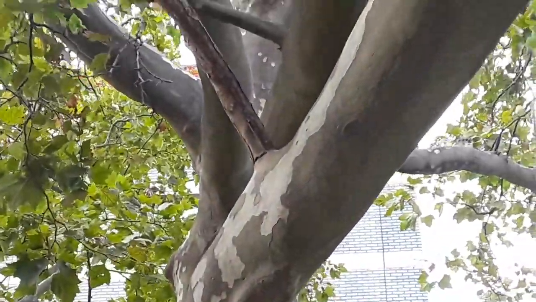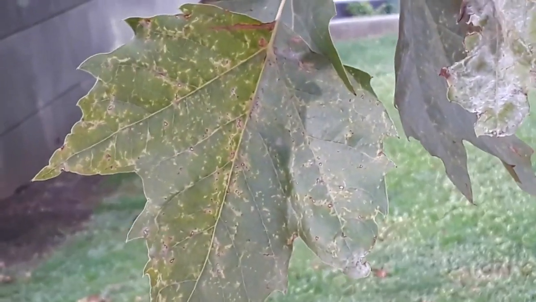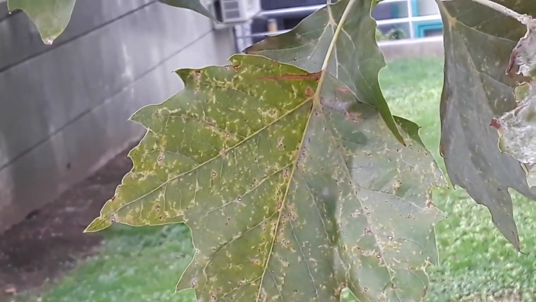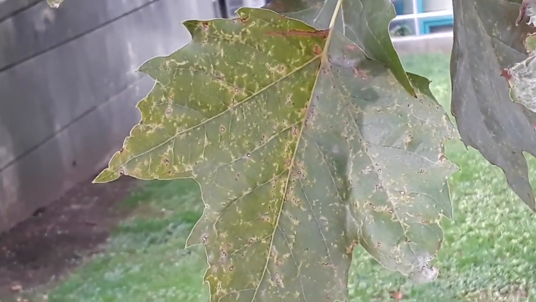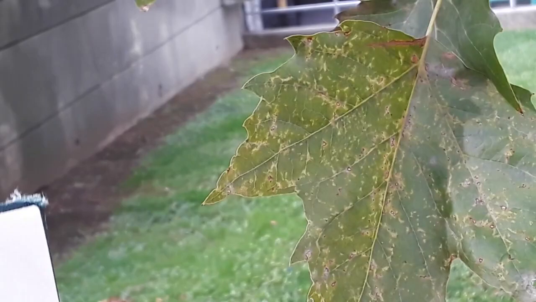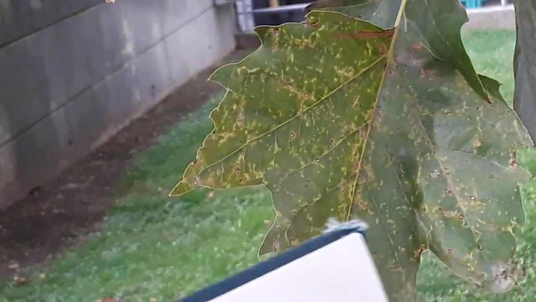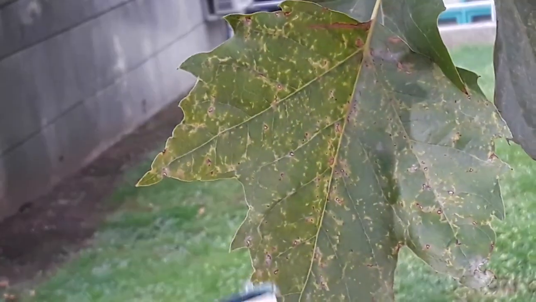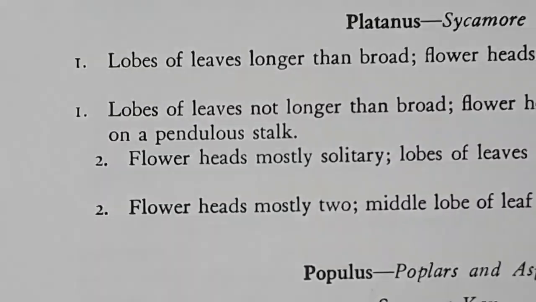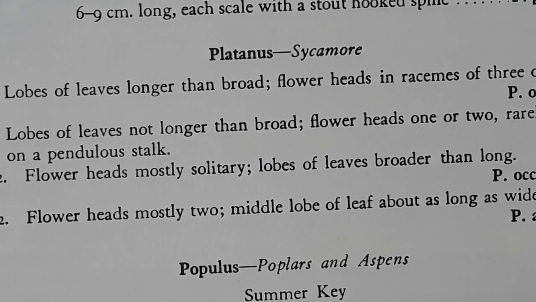Maybe later on. Okay, so the key asks, are the lobes longer than broad? No, they're not extending far out here. They're pretty close to the midline. So that takes us to leaves, lobes not longer than broad.